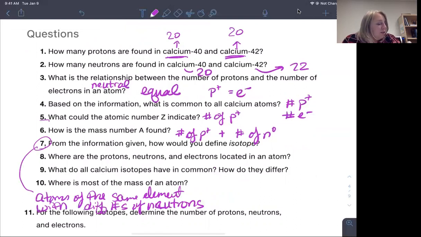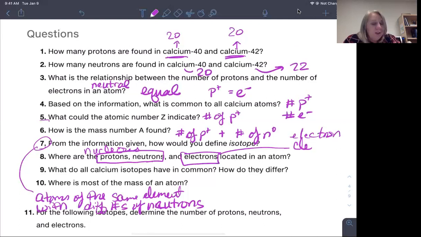All right, where are the protons, neutrons, and electrons located within the atom? Protons and neutrons are in the nucleus. And then the electrons are in that big cloud. So remember, we call that the electron cloud. So what do all calcium isotopes have in common?